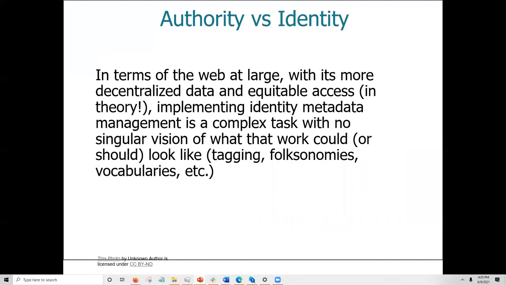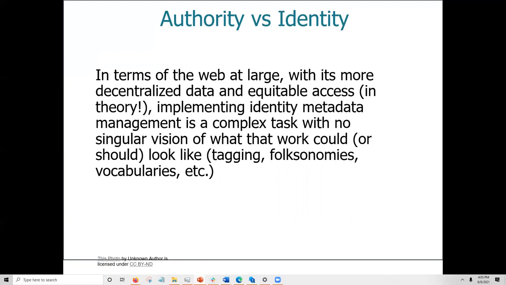Now, in terms of the web at large, this is really a difference in how metadata happens in the larger web world and how it happens in the library world. Part of it is because the web as a whole is really decentralized. Well, less decentralized than it has been in the past, but it really was about decentralized data where anyone, if you had the appropriate technology, could create a website, all that stuff.